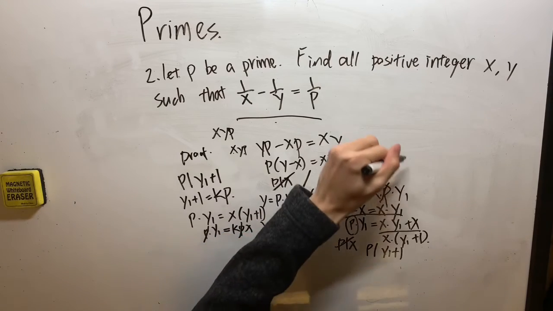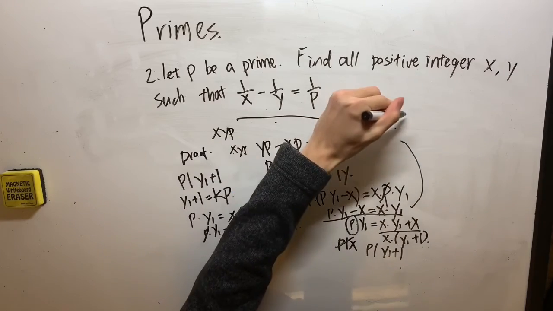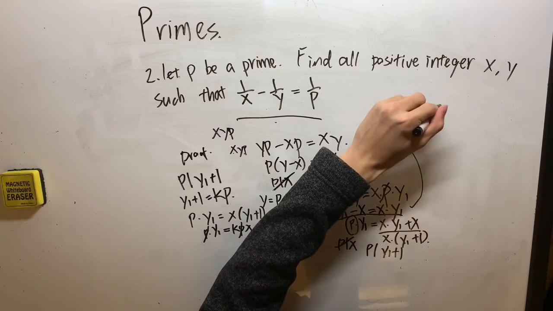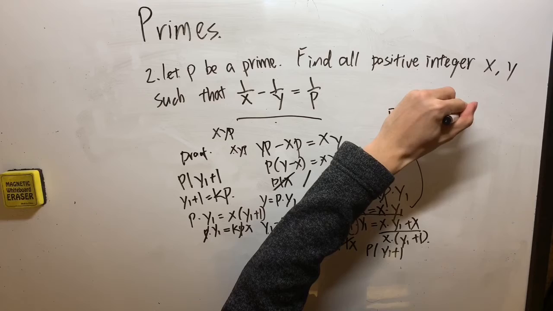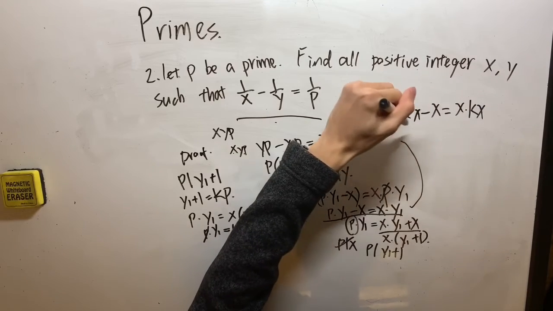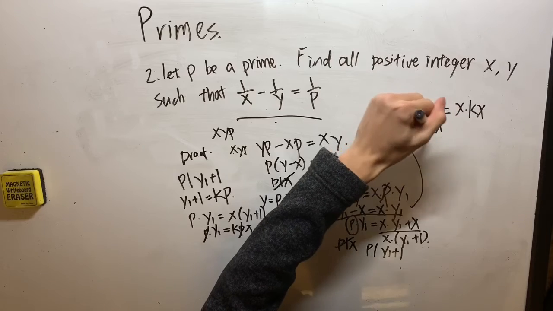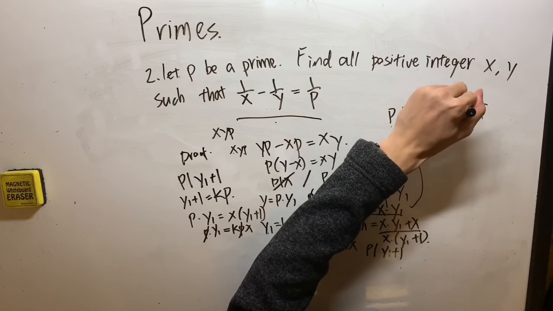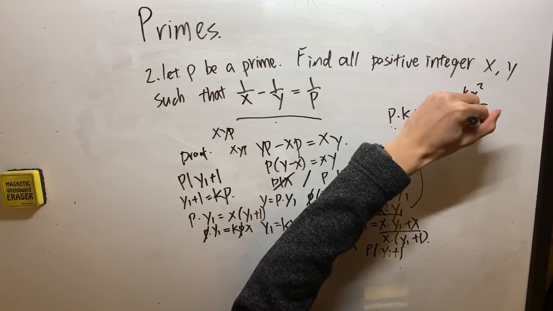So p times kx minus x equals x times kx. P times kx equals kx squared plus x.